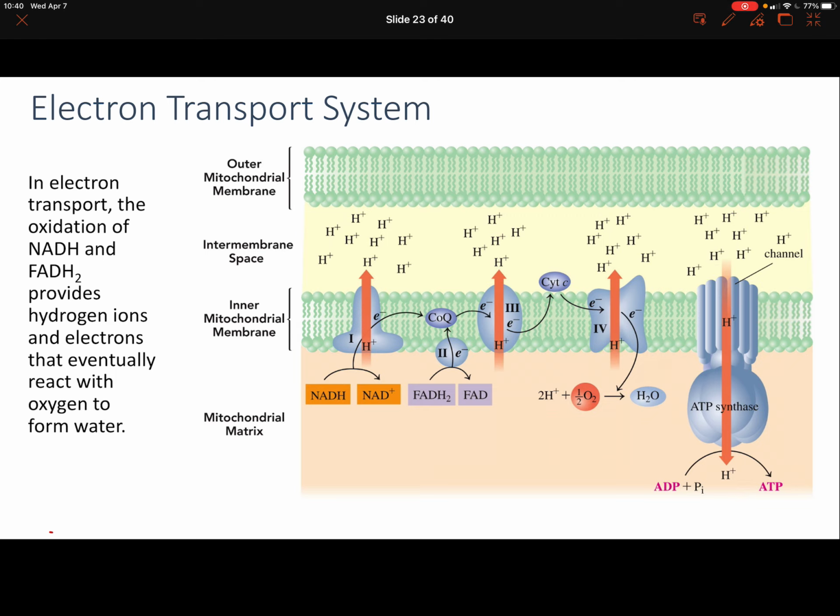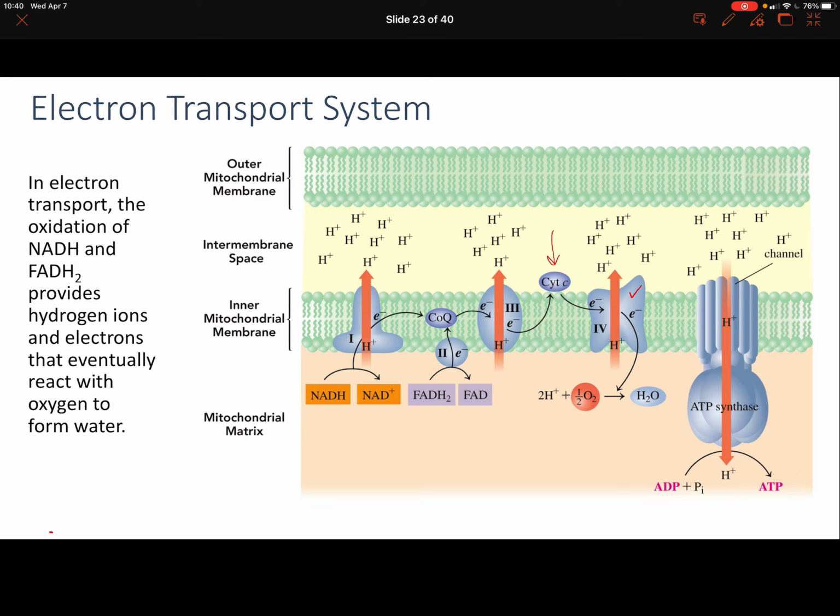All right. So in complex 4, 4 electrons from the 4 cytochrome Cs, so this is not a very good picture, it just shows 1, but there are lots of cytochrome Cs moving around, I guess. 4 electrons from 4 cytochrome Cs eventually get passed to this electron carrier.